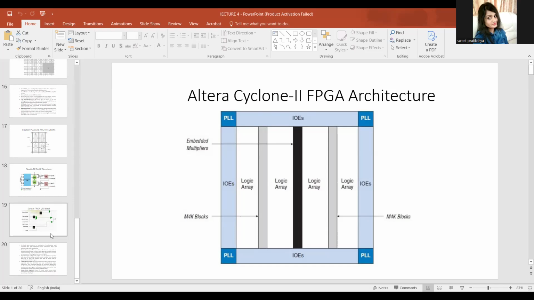Cyclone 2 architecture is entry level. It is great for cost-sensitive or low power applications. APEX 20K is mid-range, suited for moderately complex systems with high interconnectivity. Stratix architecture is premium, ideal for advanced DSP processing, real-time analytics, and hardware acceleration.